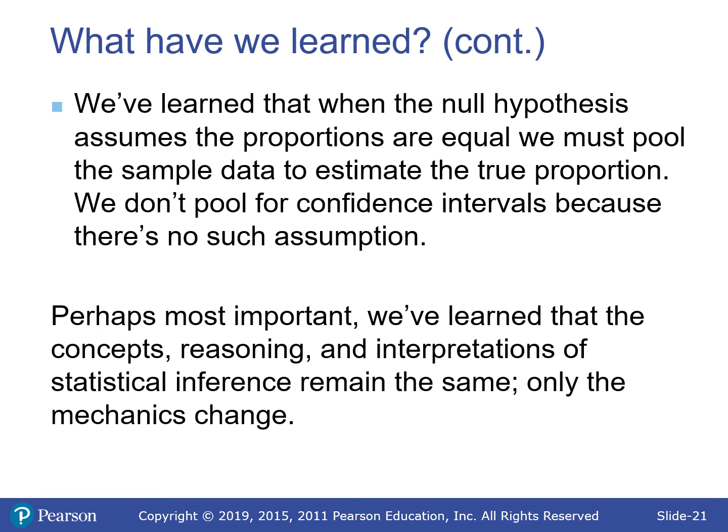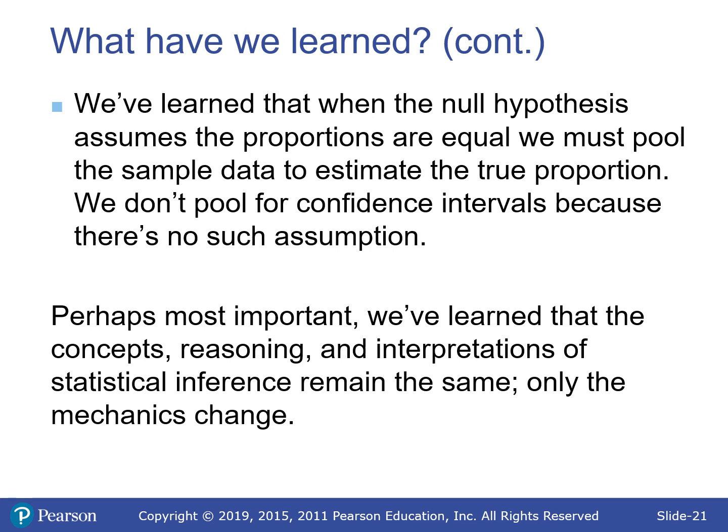We learned that when the null hypothesis assumes the proportions are equal, we can, not necessarily must, we can pool the samples to estimate the true proportion. In confidence intervals, we don't, because we're not assuming that they're equal. We're looking for what would the difference be.